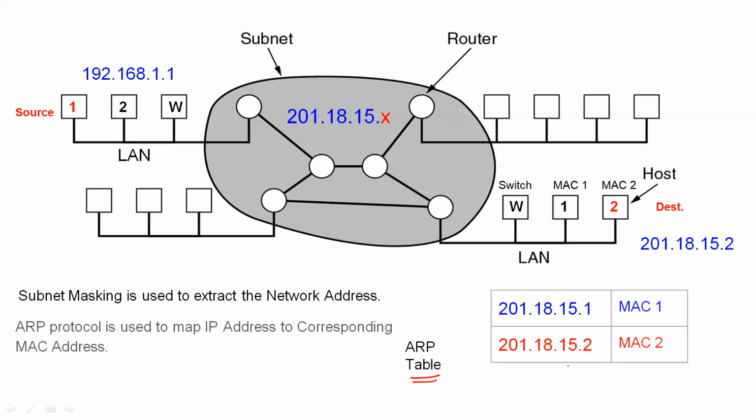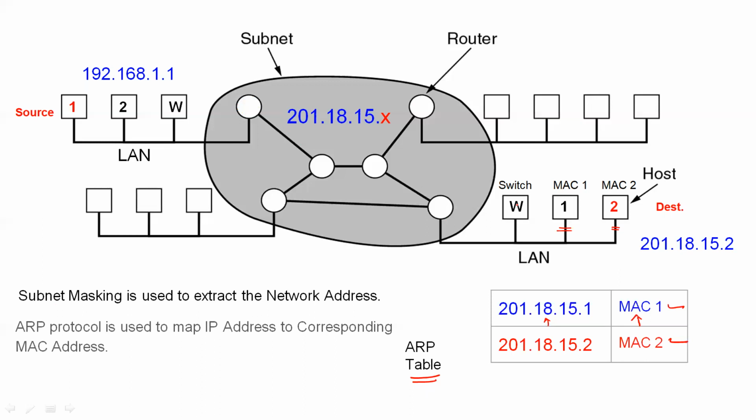This is a simple example of the table structure I have shown. This is the IP address, and for this IP address there is a corresponding MAC address. We have two systems here, MAC 1 and MAC 2, and the corresponding IP addresses. As soon as a packet comes, the switch will check the IP address.